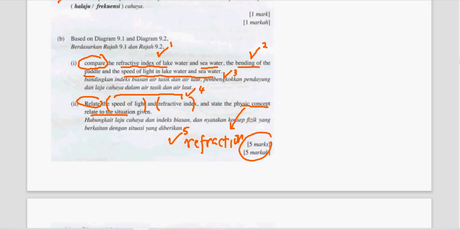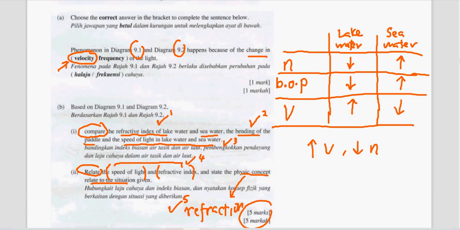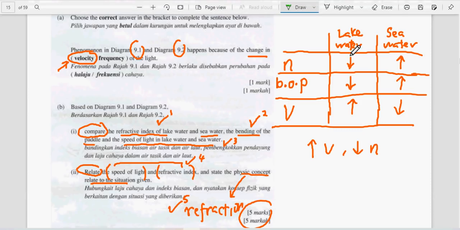Okay, now how do we answer this? So since this is an essay question, you can write in point form with complete sentence, or you can also draw a table. What I mean is like this. Okay, like this. You can write a table like this. Okay, so where you have 3 columns, for the lake water and then sea water. Then this will be the aspect.